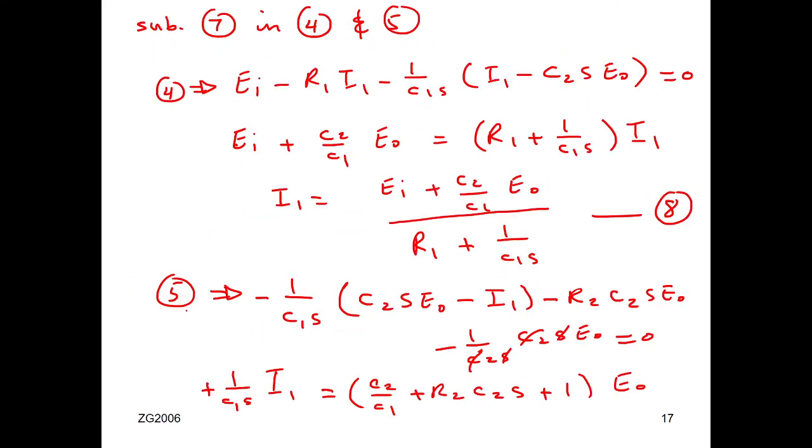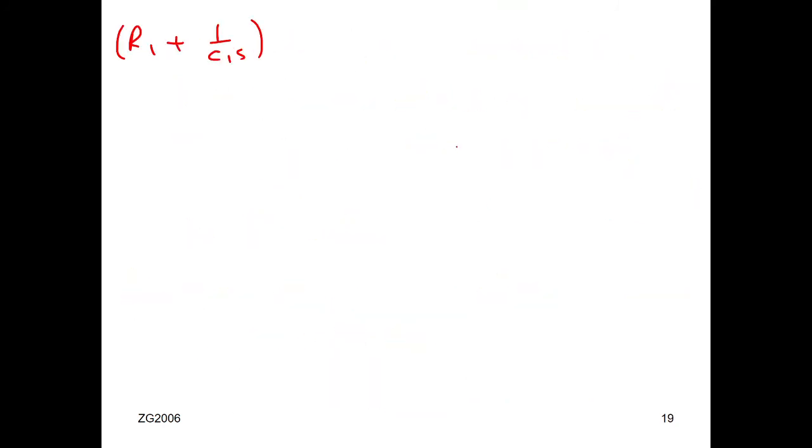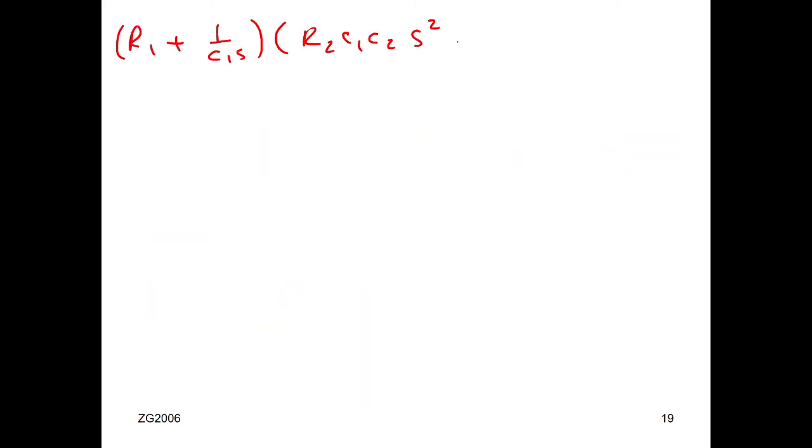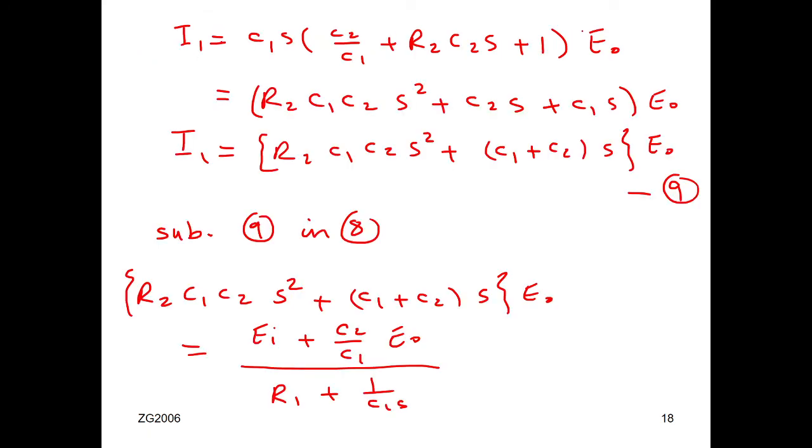R2, C1, C2, S square, plus C1, C2, plus C1 plus C2, S times E out.